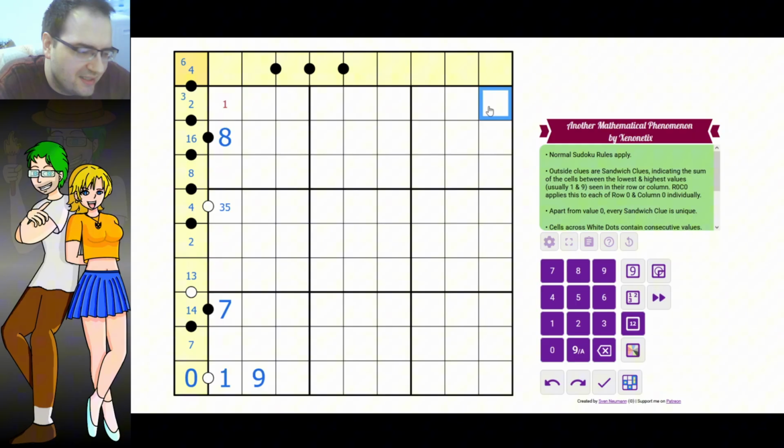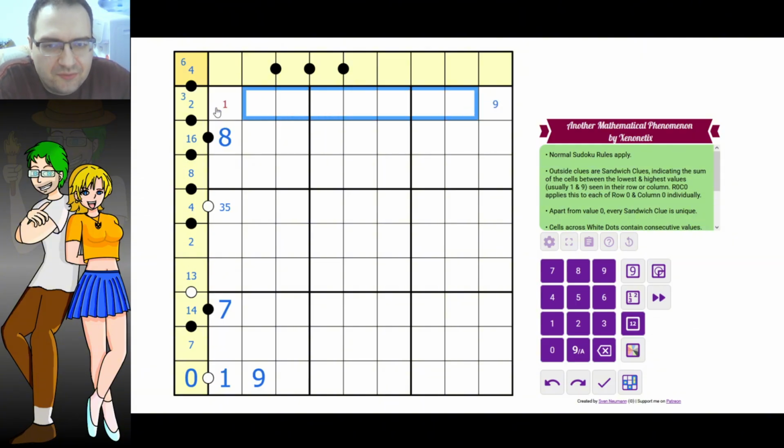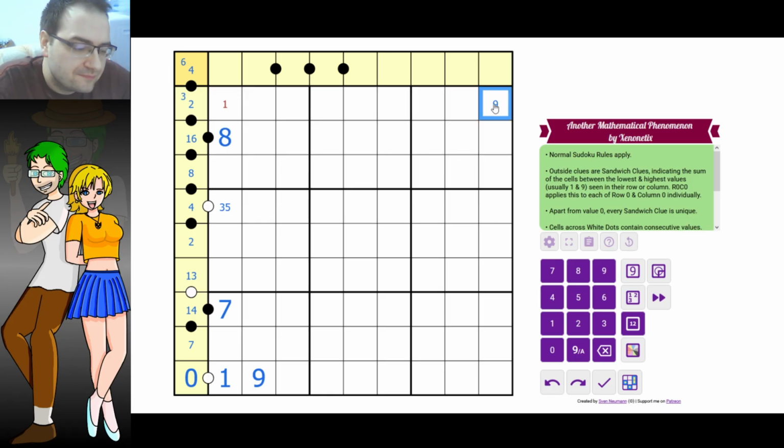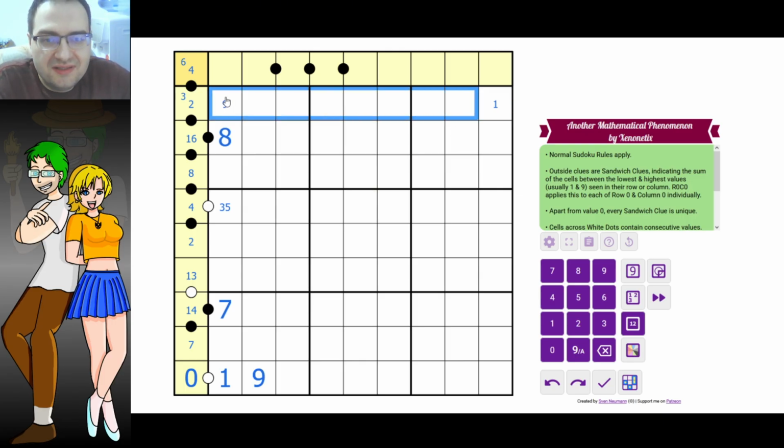If this is a 1 and 9, everything here is 35, and we have 32. So to have a 3 less, we have to have the 3 outside. Can we have... No, we cannot have... Oh, so let's do this a 9 and this a 1 so that it doesn't clash. Now, this is 35.